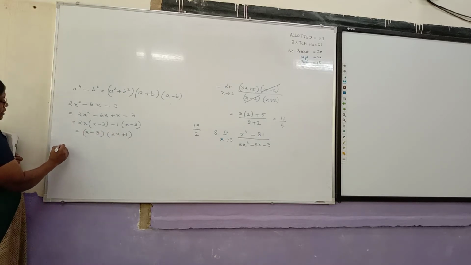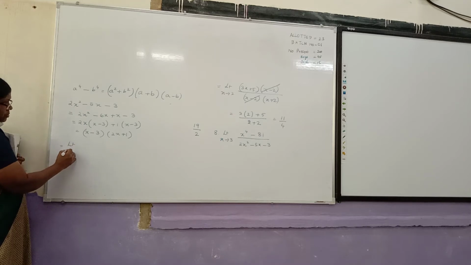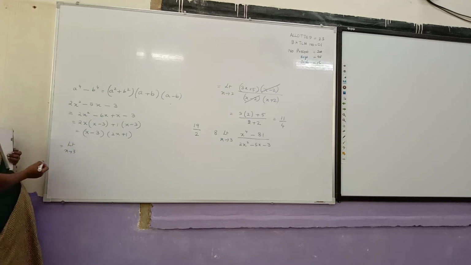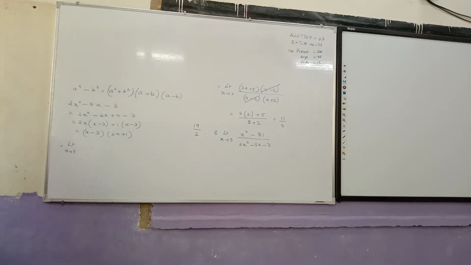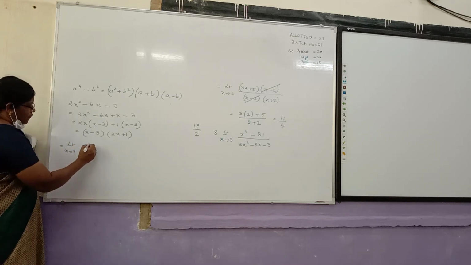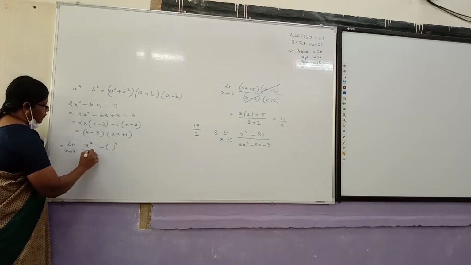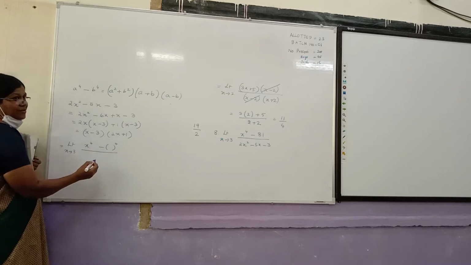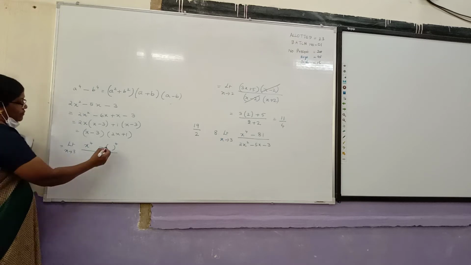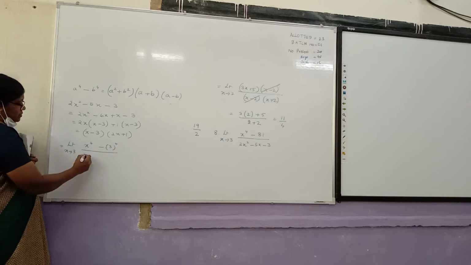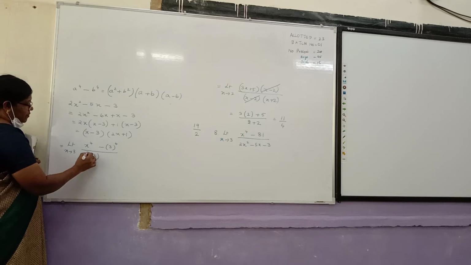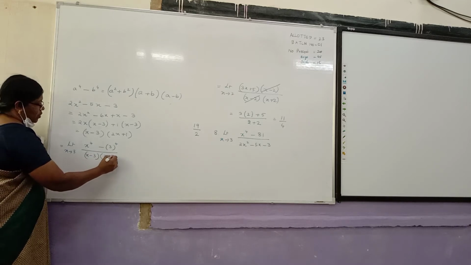So we will now write limit x tends to 3. See, this is power 4, so with what power can you write 81? 3 power 4. 3 power 4. The denominator is x minus 3 into 2x plus 1.